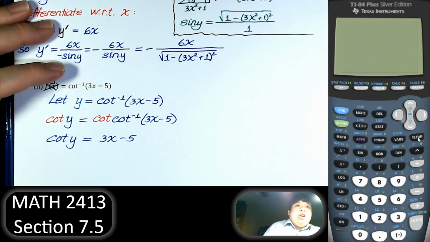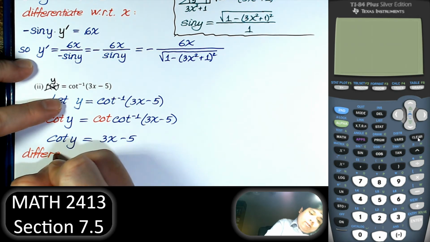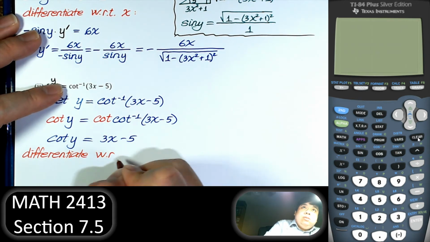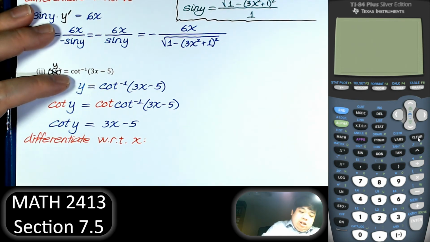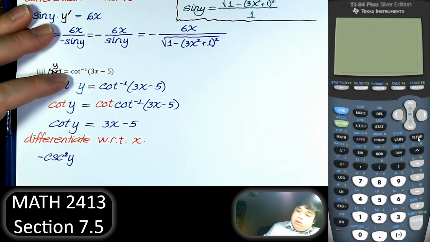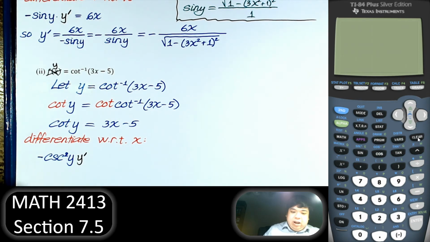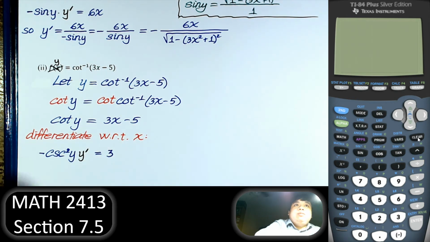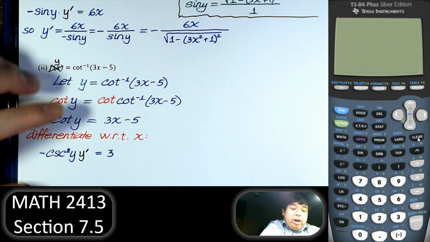Now, with respect to x, the derivative of cotangent is negative cosecant squared, and then we have the derivative of that function of x, and the derivative of 3x minus 5 is 3. Right. So y prime is going to be 3 over negative cosecant squared.